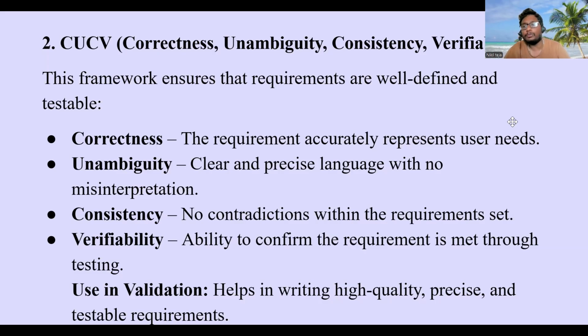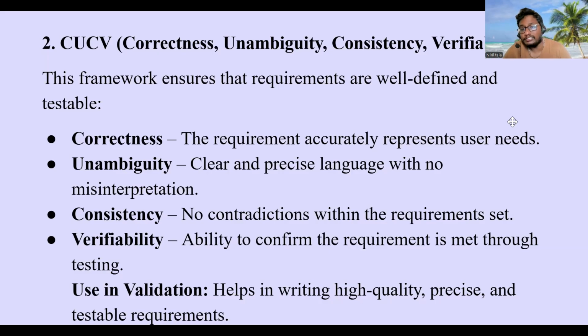With an ambiguous requirement, we can derive many meanings from it, but it should be unambiguous. Clear and precise language, with no scope for other derivative meanings. It should be only one particular meaning, clearly showing what we are trying to achieve with that requirement.